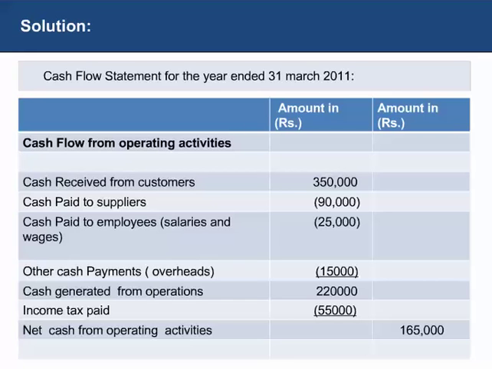Cash paid to employees, salaries and wages, is 25,000. Other cash payments, overheads, since they relate to operations, again form part of operating activities, 15,000. Thus the cash generated from operations is 2,20,000. Income tax paid as given in the question was 55,000, which is an outflow and subtracted. Thus the net cash from operating activities, which is a positive item, is 1,65,000.